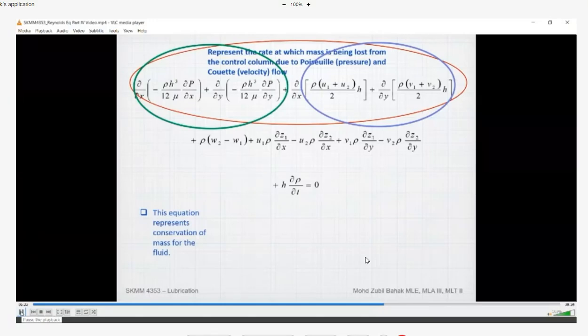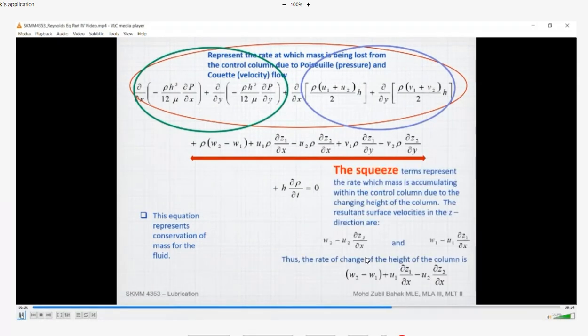The second part of this equation, this red line here, represents the conservation of mass for the fluid, or we can say this is the squeeze term. So these five terms here represent the squeeze term, the rate at which mass is accumulating within the control volume due to the change in height of the column.